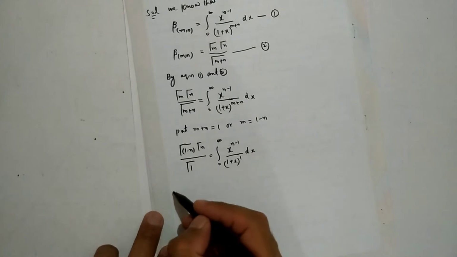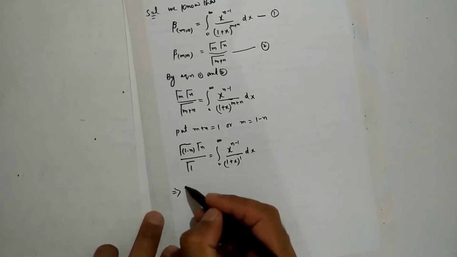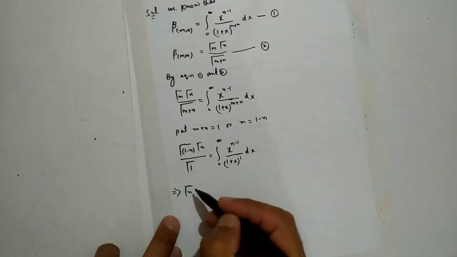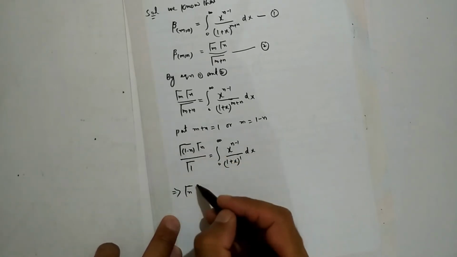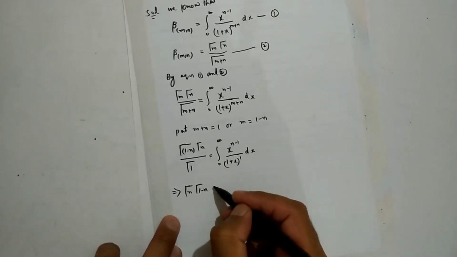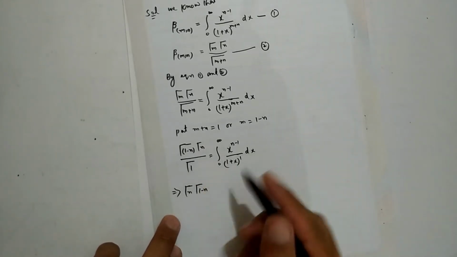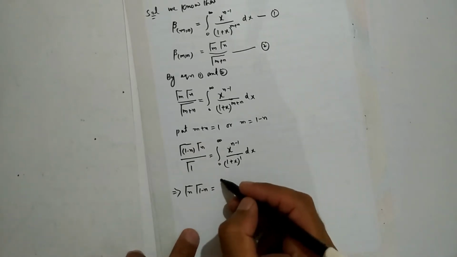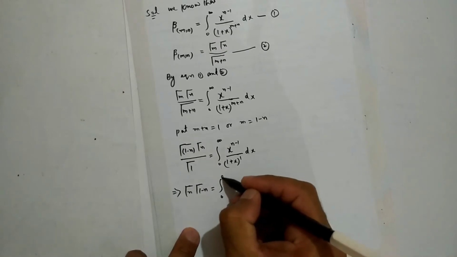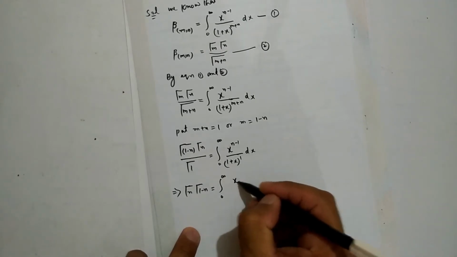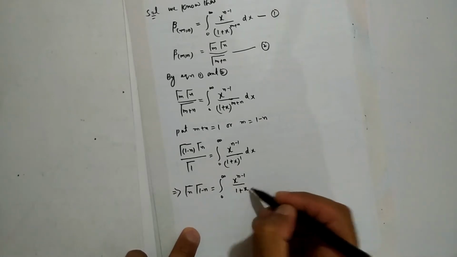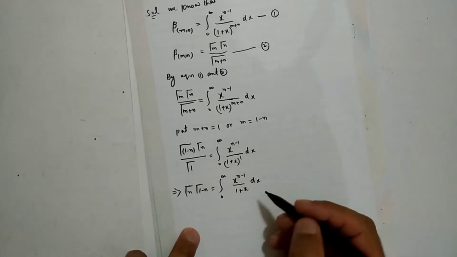Now this will be equal to gamma n into gamma 1 minus n, and gamma 1 is equal to 1, which is already proven in our earlier lectures. So this will be integral from 0 to infinity x to the power n minus 1 upon 1 plus x into dx.